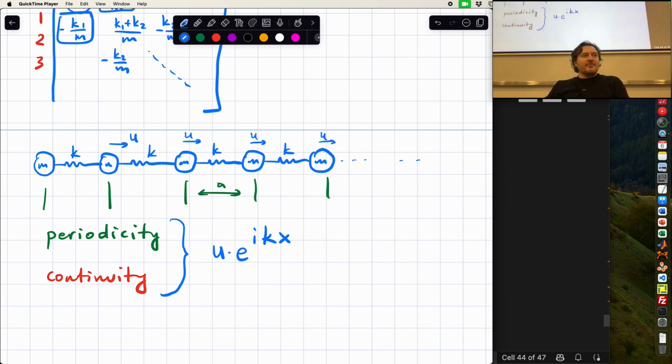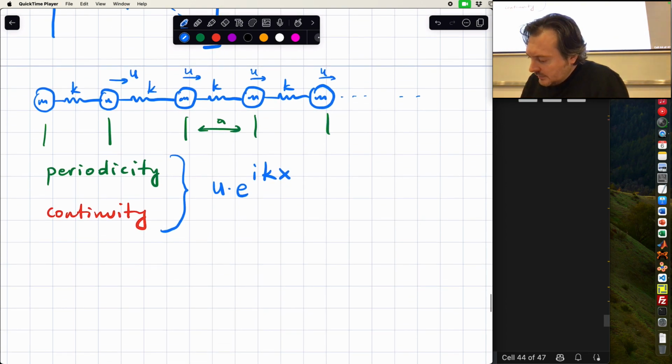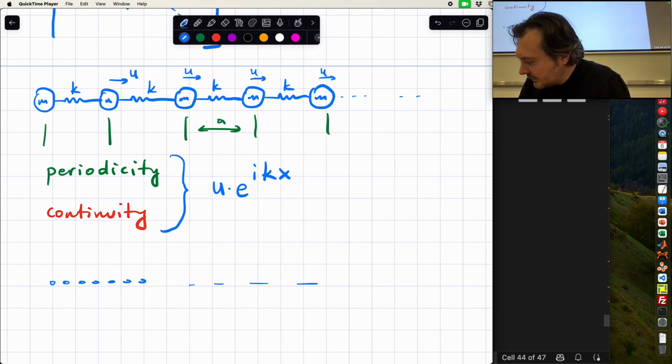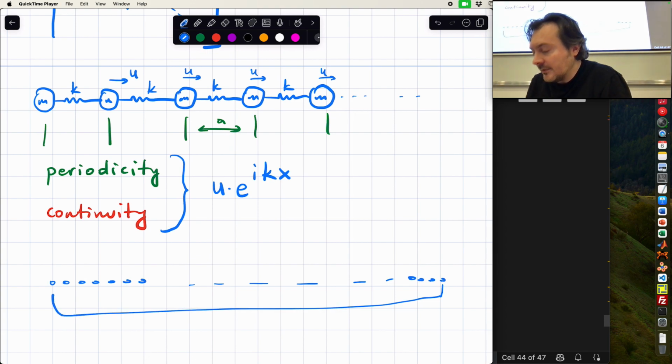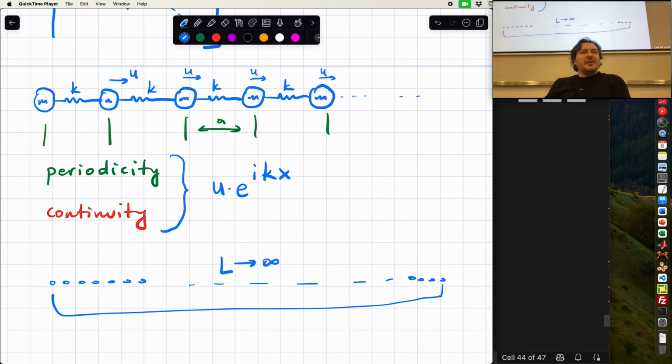Okay? So why e to the i kx? Let me explain that. Your chain goes on forever. So why not connect it on the other end? So you have a chain of length L while L goes to infinity. Would it really matter if you connect the ends together?